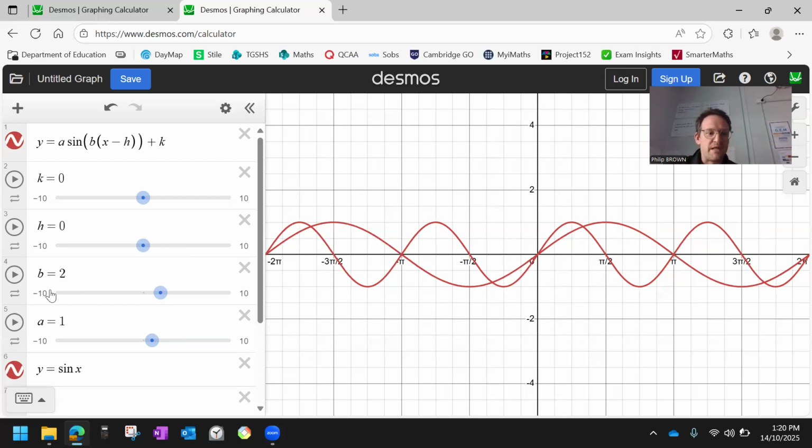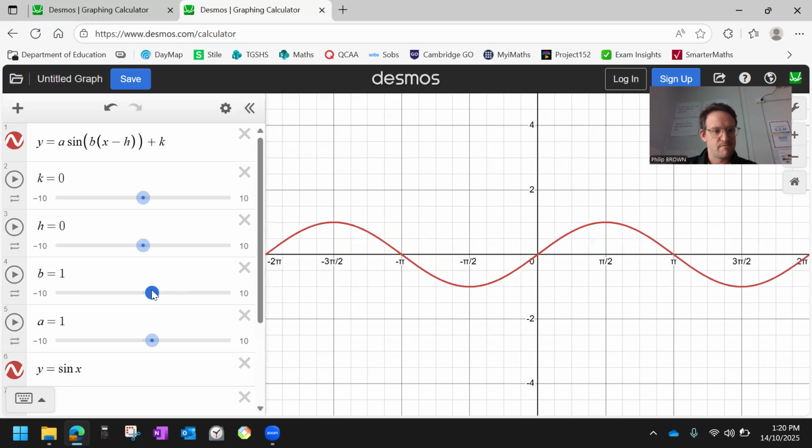So whatever this value b is equal to, we are going to have a horizontal dilation of the scale factor of the reciprocal of that. So the reciprocal is 1 divided by b. This has a horizontal dilation of scale factor of half. Then we've got this h value here, which again does exactly the same thing as it did before.